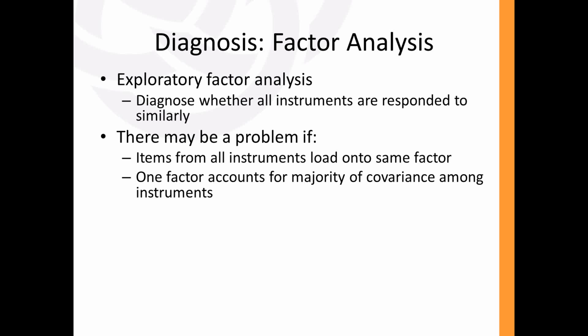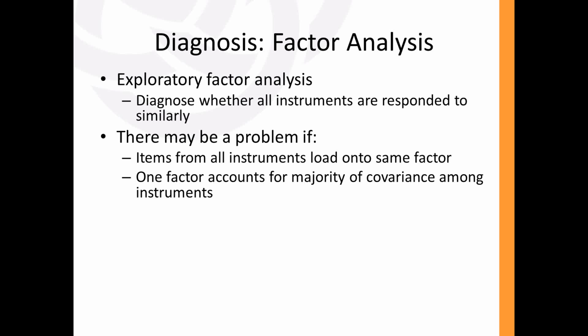Exploratory factor analysis is where you are basically looking for the number of factors that exist in your data. You don't force a one-factor solution or a two-factor solution, which is what confirmatory factor analysis does, where you actually look for a certain factor structure.